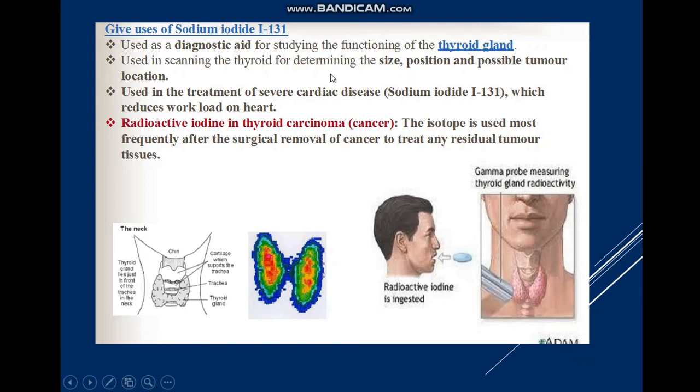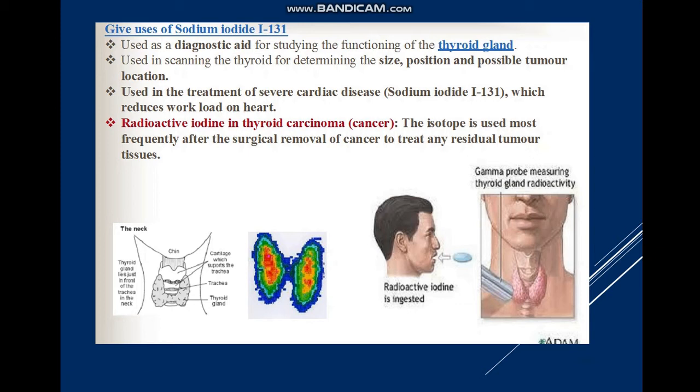Also, this radioactive material is used in scanning the thyroid for determining the size, position, and possible tumor location. And also radioactive iodine is used in the treatment of severe cardiac disease, which reduces workload on the heart, and radioactive iodine in thyroid carcinoma, in cancer.